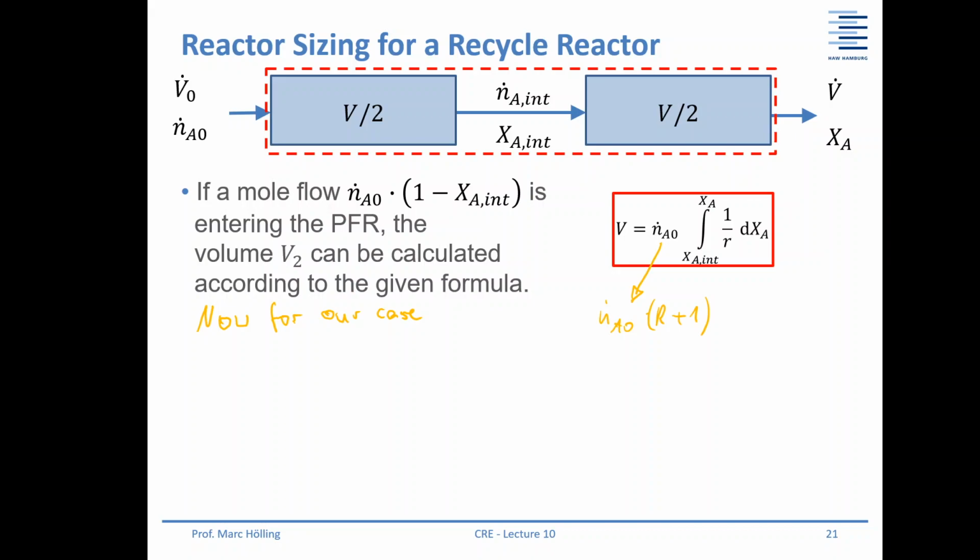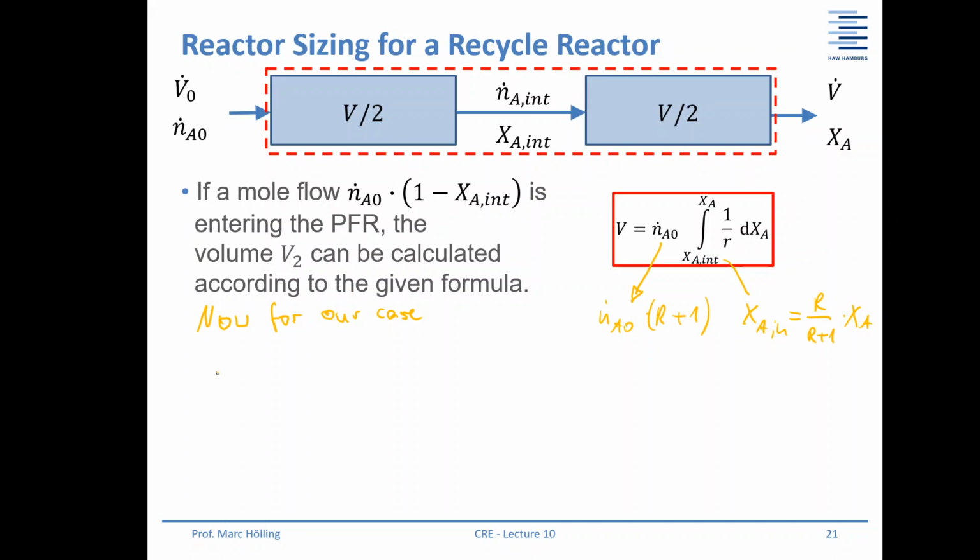So we have to correct it here, and our XA in can be rewritten as R over R plus 1 times XA, the outlet concentration.